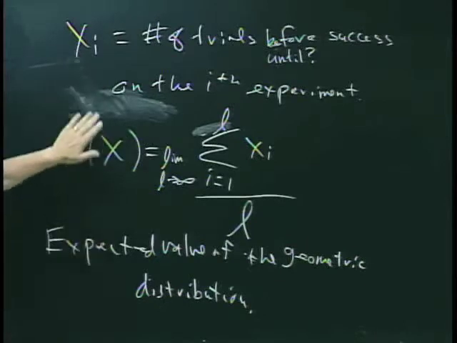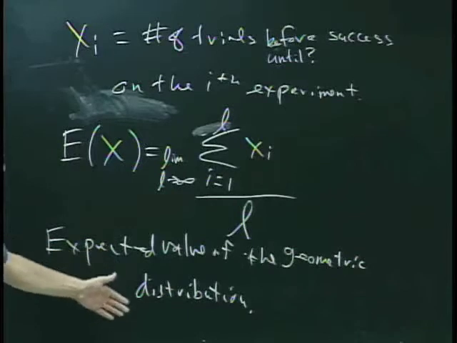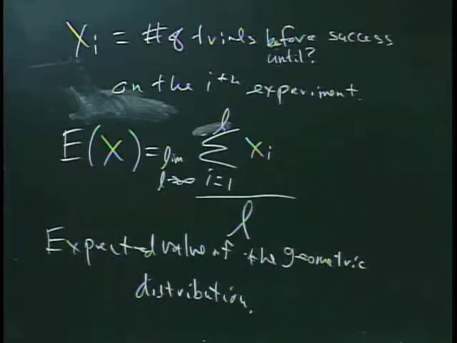Okay, this is a mathematical definition of the expected value of the geometric distribution. So let's see if we can figure out what that is. It's going to be a function of p, of course.